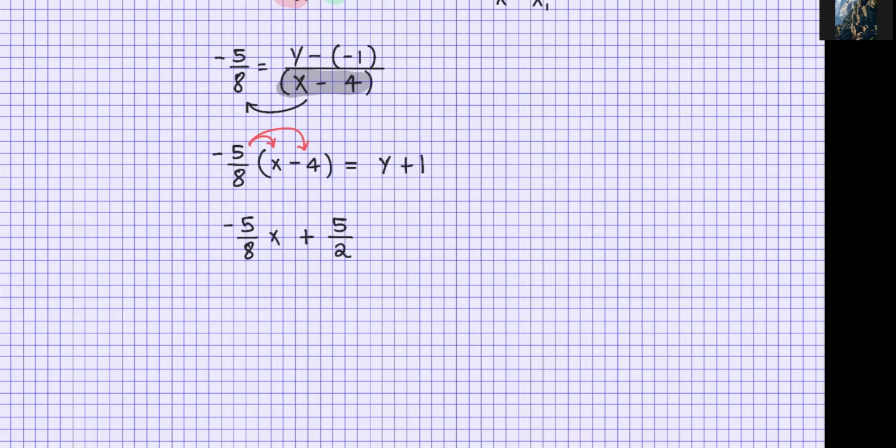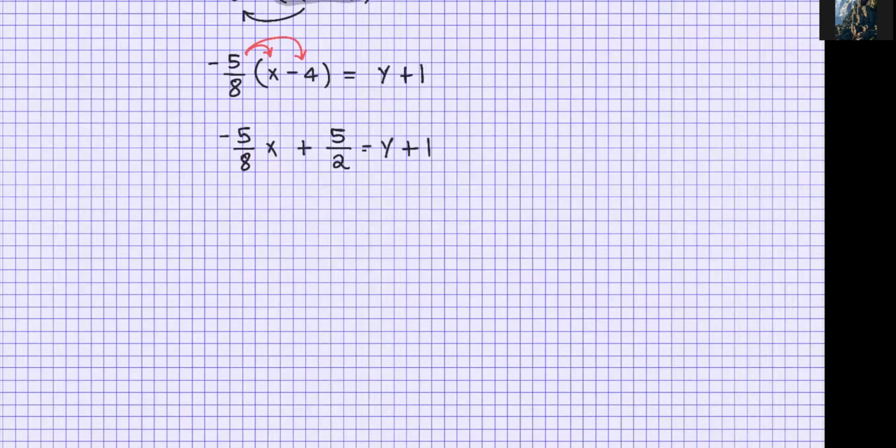And this will be equal to y plus 1. Now, this one that is being added on this side will go to the other side subtracting. So we will have negative 5/8 of x, and then 5/2 minus 1 will be 3/2. And this is equal to y.